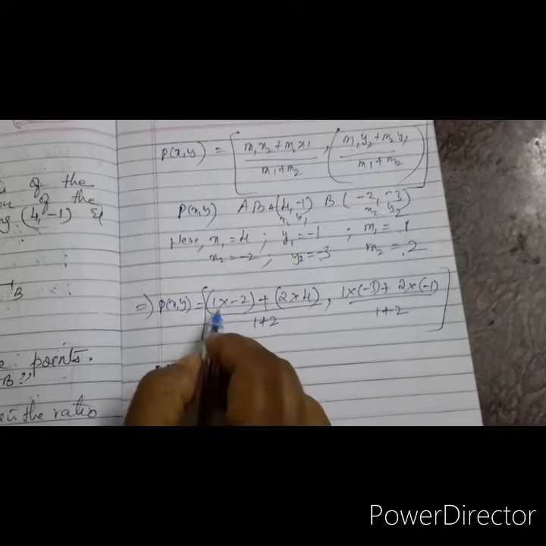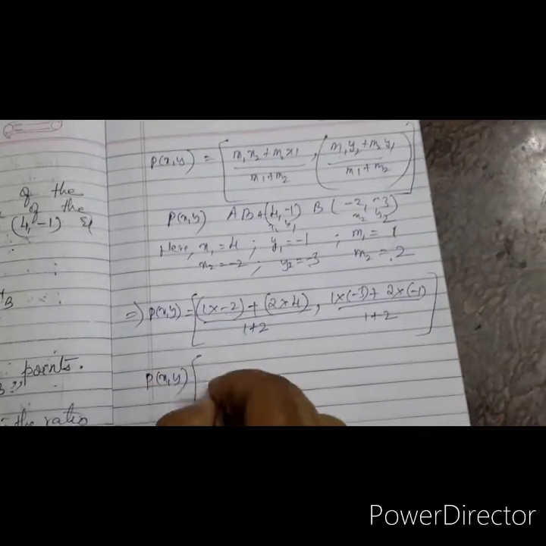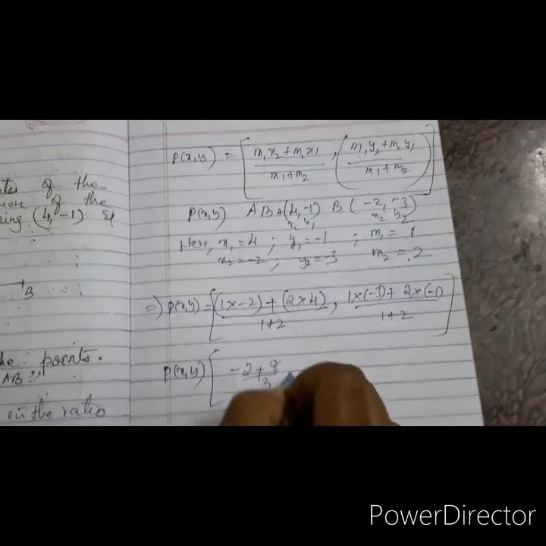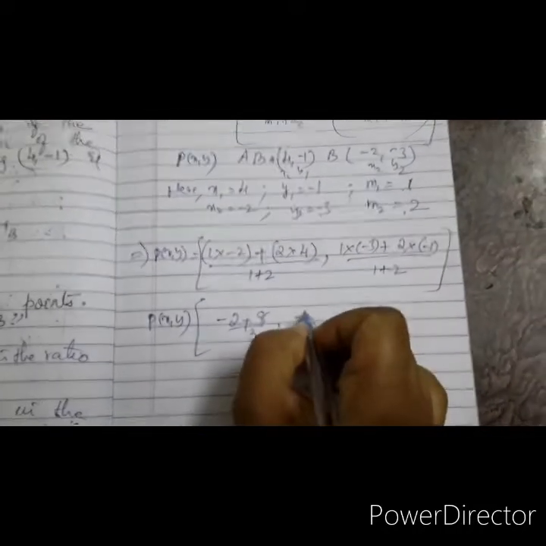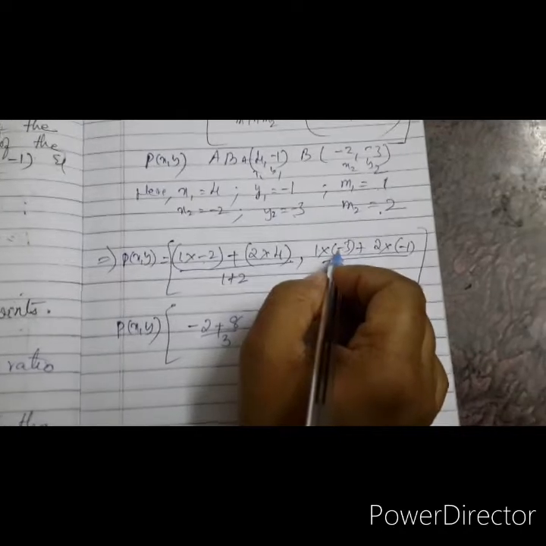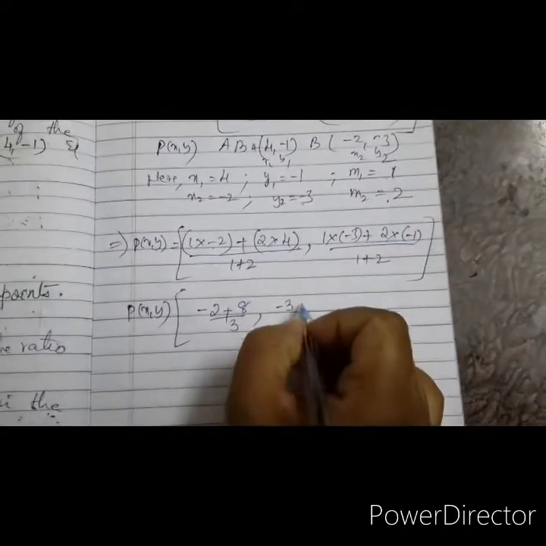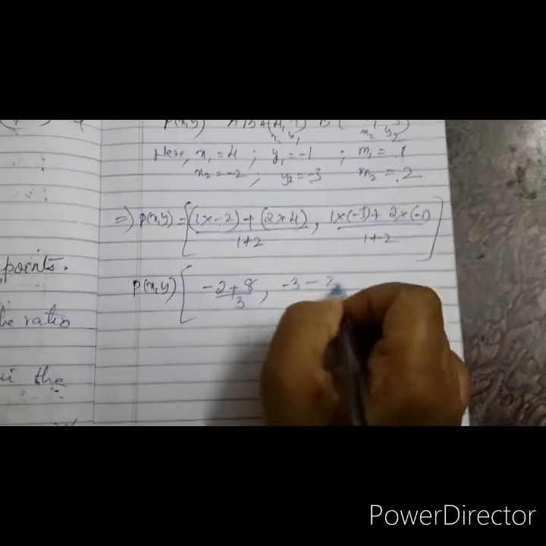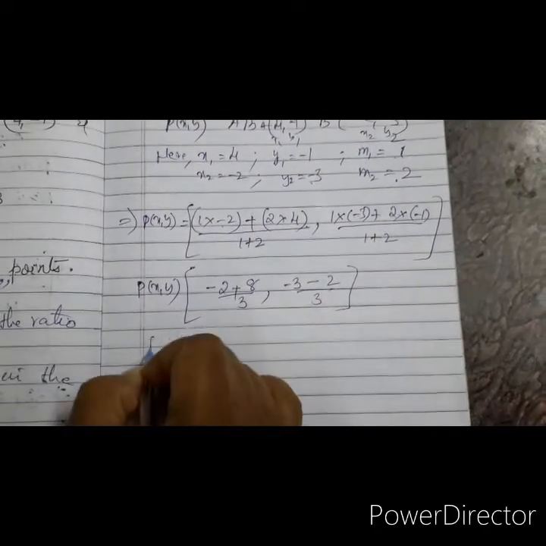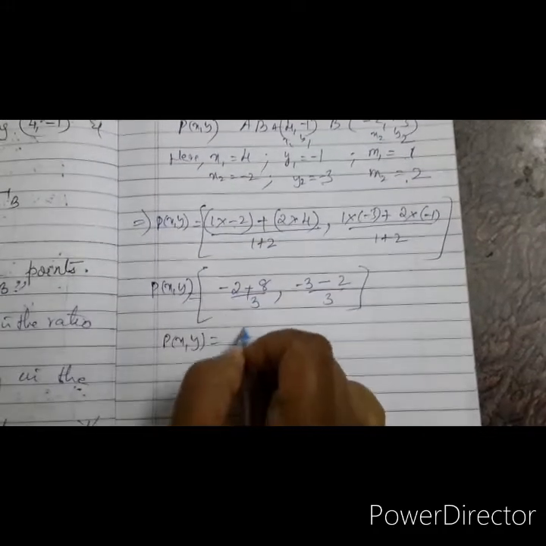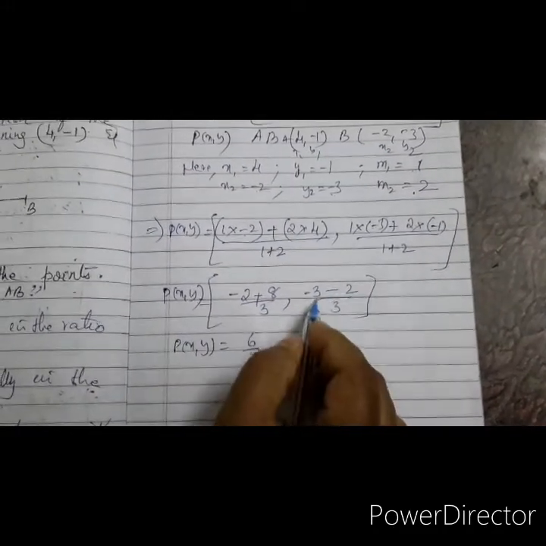Now you open the brackets and multiply. 1 into minus 2, plus 2 4s are 8, by 3. 1 3s are 3. Minus 3, why am I writing? Because the sign is minus here. Now open the brackets, multiply sign. Plus into minus, minus. 2 1s are 2, divided by 3. P(x, y) equals subtract 6 by 3, comma, add.